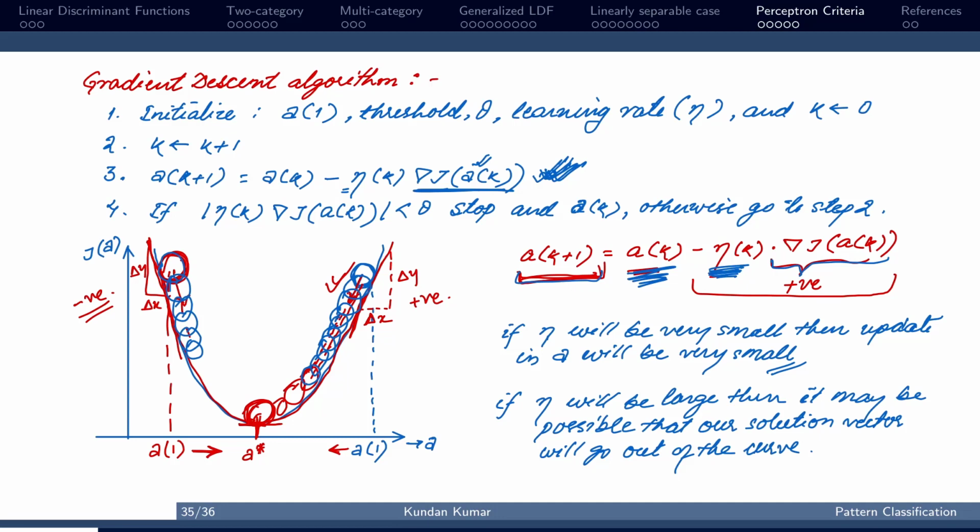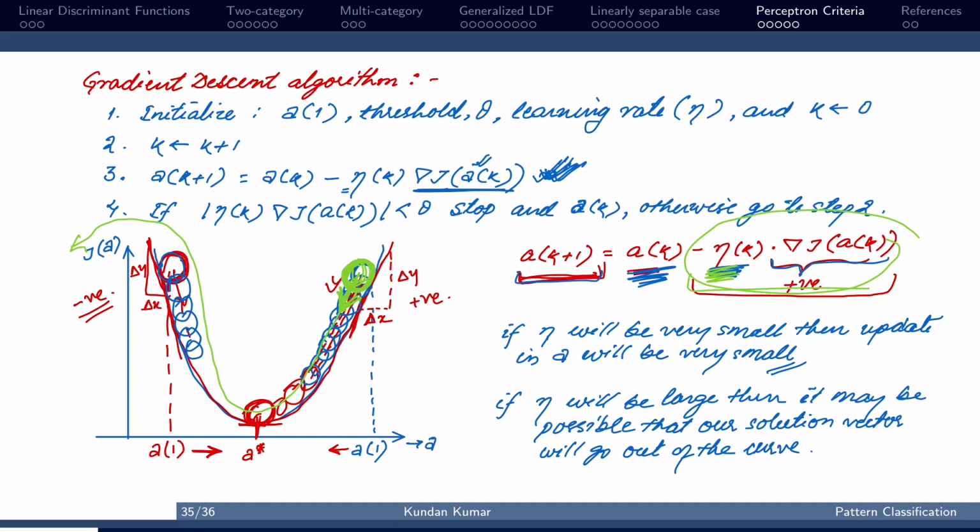How? Just consider that we are here at the initial weight and the eta value is very large. Then this value will be large and it will give a very strong force to this ball, if we consider this as a ball. Then it may go out of the curve.